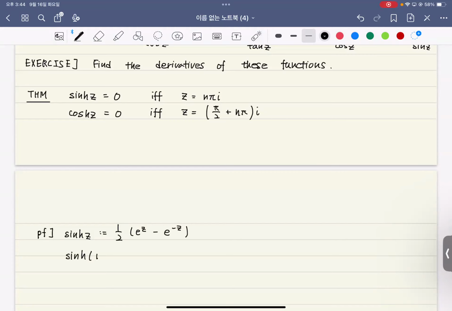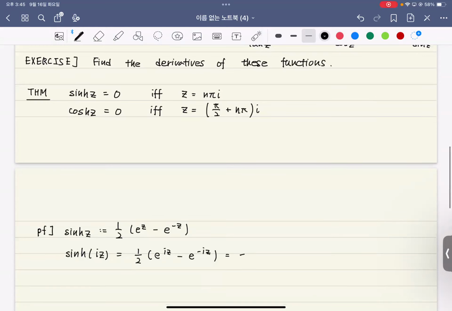So if I replace z by i times z, then this is going to be 1 over 2 times e to the iz minus e to the minus iz, right?